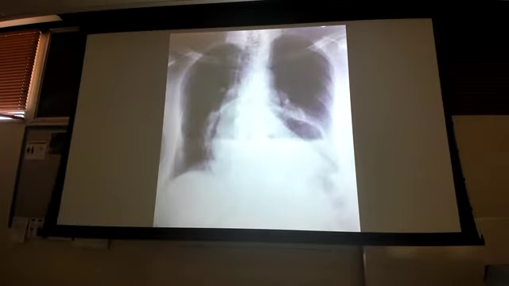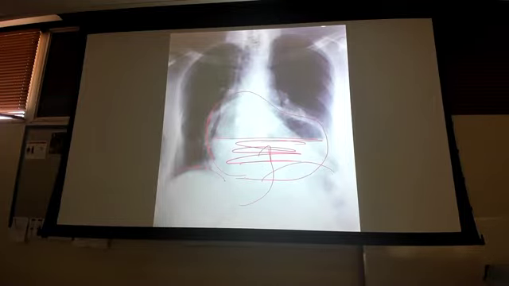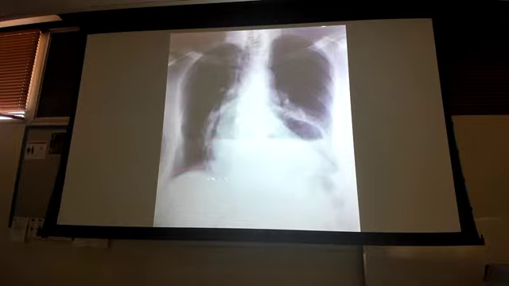All right, this is the only other picture I have of a hiatal hernia. This is the stomach. Here's my diaphragm, at least it's supposed to be there. We'll assume it's somewhere here. But the whole stomach came up, and then this is my air fluid level from my stomach. So these things can get pretty nasty depending on how bad they are.